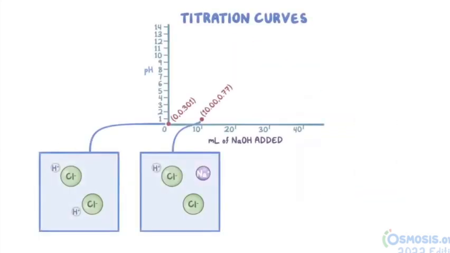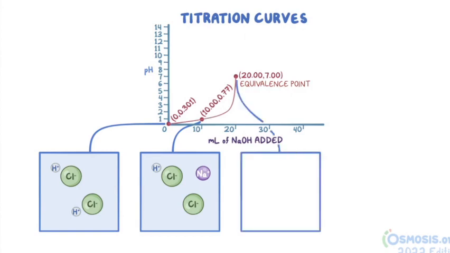We can now add this point to our titration curve. So, after 20.00 milliliters of base added, the pH is equal to 7.00, and we've reached our equivalence point. If we were to graph all of the points in between this point and the previous one, we would see that the slope of the line increases dramatically as we get closer to the equivalence point. Looking at the particulate diagram, we've added one more sodium ion and one more hydroxide ion.